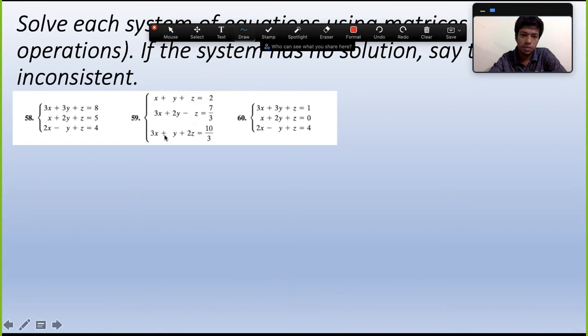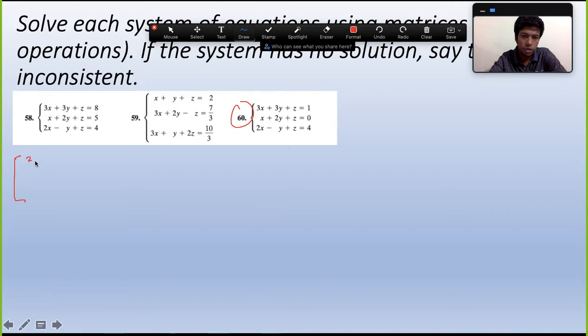So let's have a look. Let's solve number 60. This is the last one in this set. Usually the last one is the hardest one, but not sure about this one. Let's see.